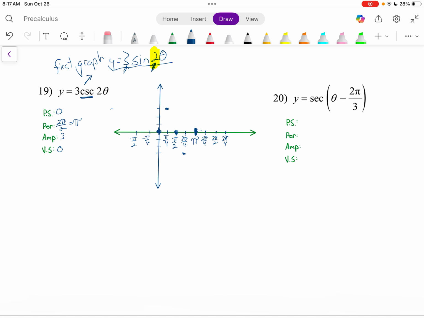Sometimes I'll put a dashed line here to help me have that lined up correctly. And so there, up to 3, 0. Coming back to the left of the y-axis. All right, so here is sine. Now this is y equals 3 sine of 2 theta.